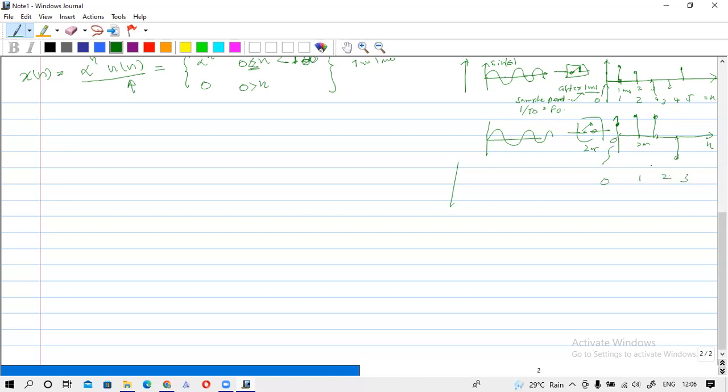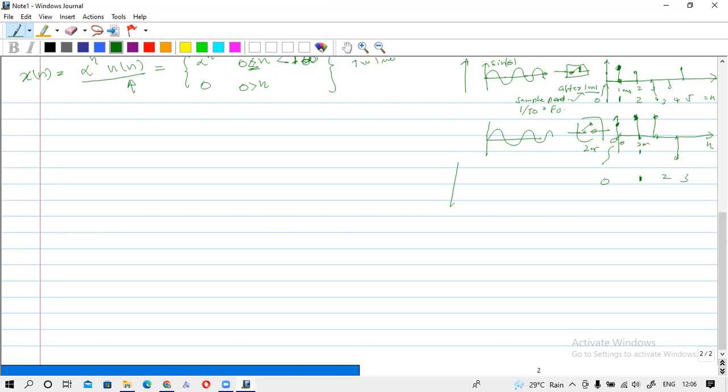So if you want to multiply this first sample and this first sample, here this is the 0 sample, and this is the first sample. If you add this sample to this sample, what happens if you want to add or multiply?